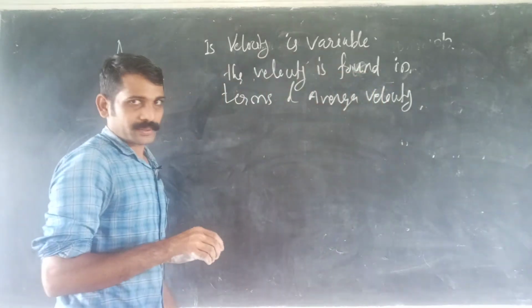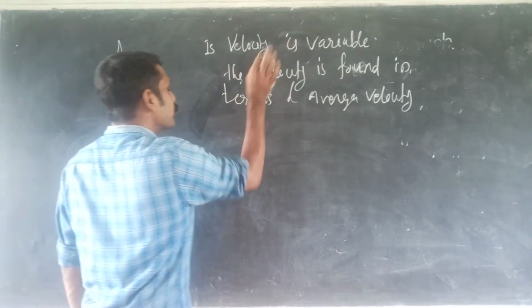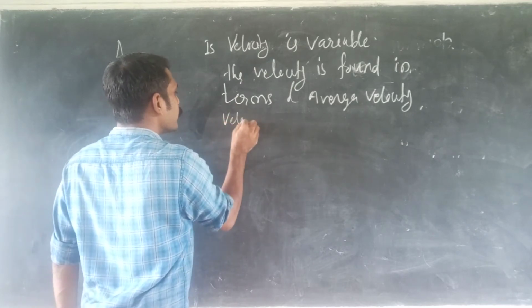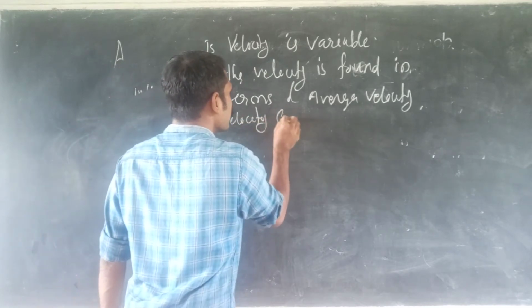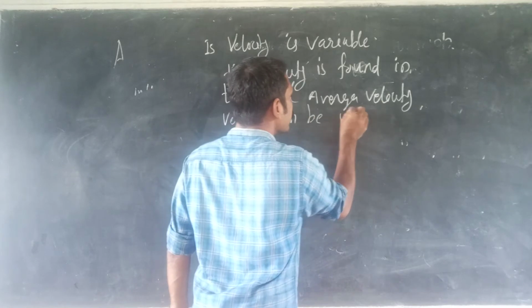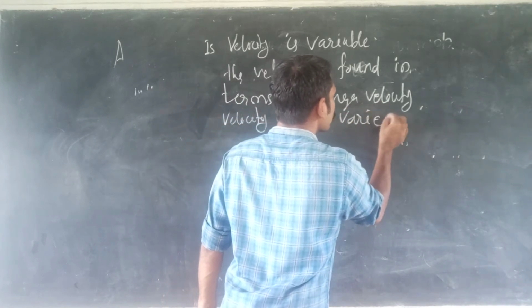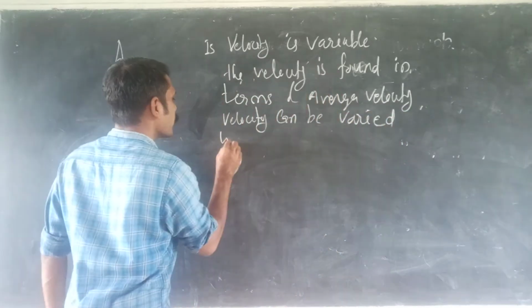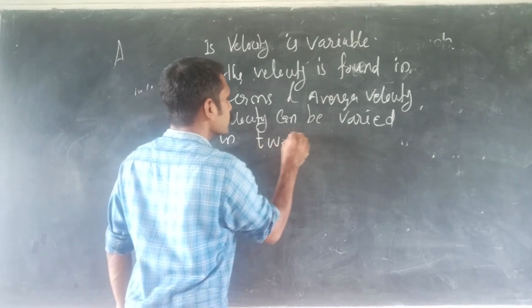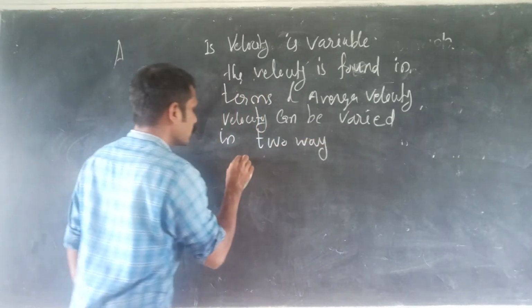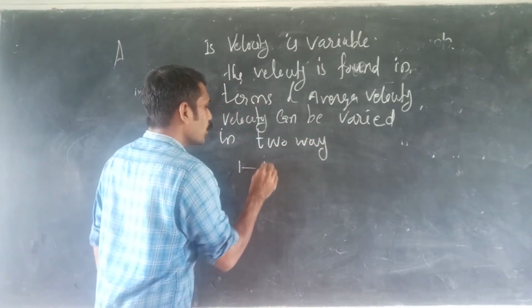Average velocity, it can be varied, velocity can be varied in two ways. One is non-uniform rate.